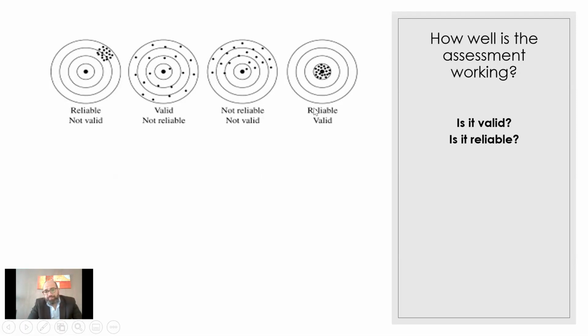While this one represents a reliable and a valid test, if we may say, because you hit the center and you can rely on your aiming, because you aim almost in the same area and in the central area. This is the ideal test, the ideal tool of examination that really doesn't exist.